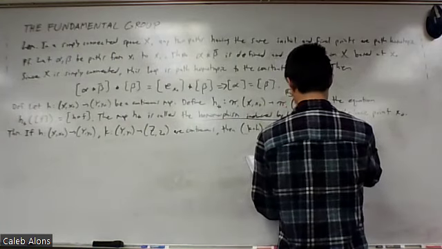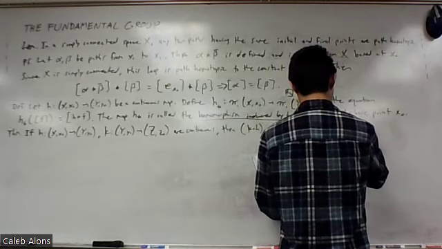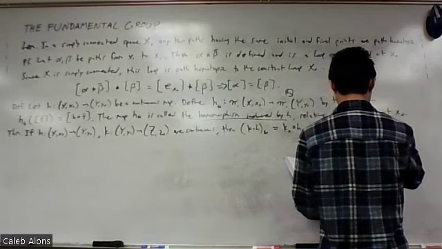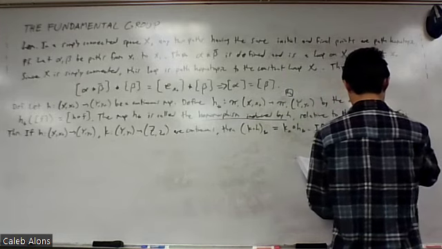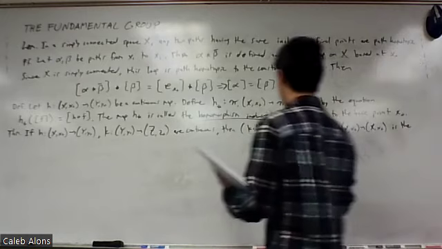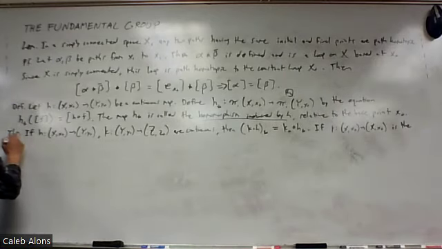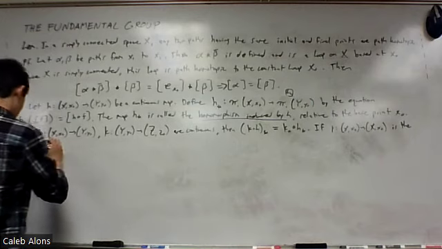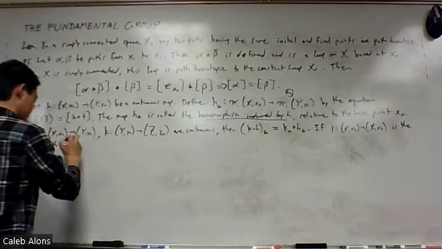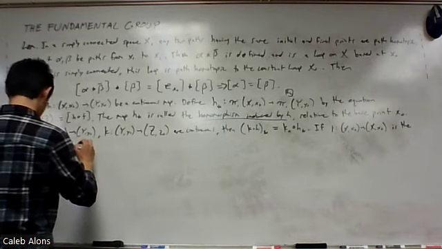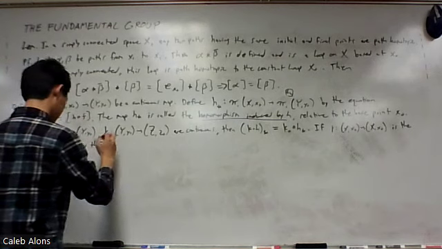It's kind of a transitive idea. And if i takes x naught to basically the same very point, this is the identity map, then the induced homomorphism i star is the identity homomorphism.